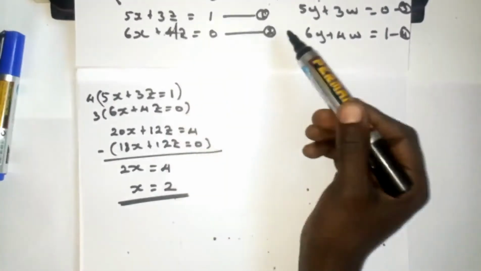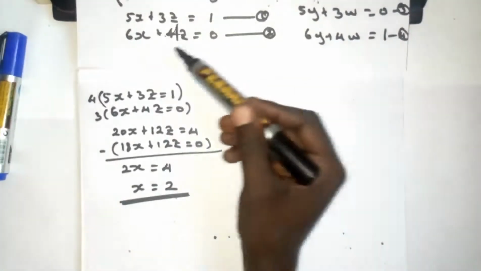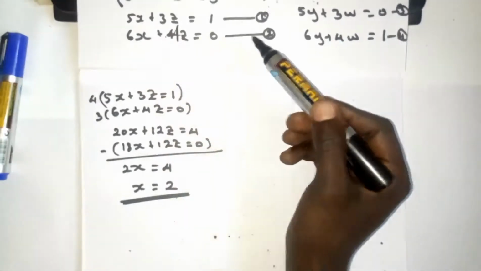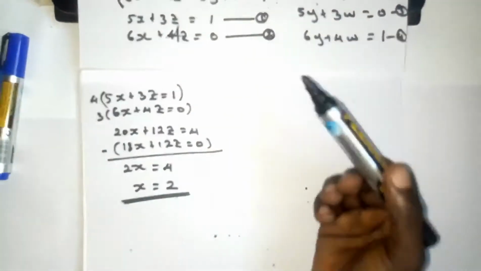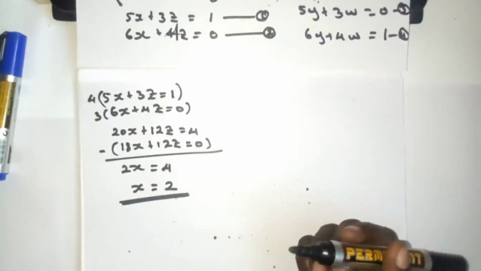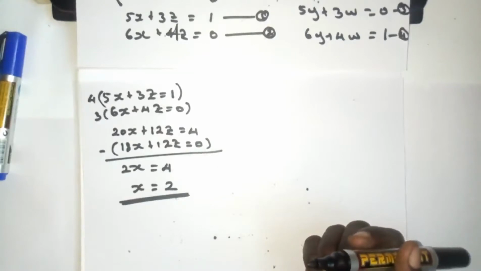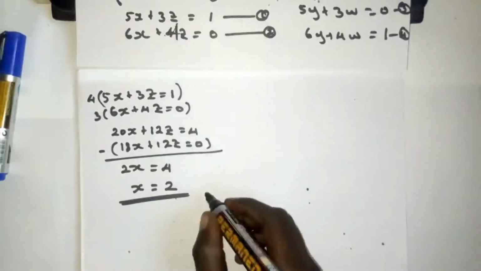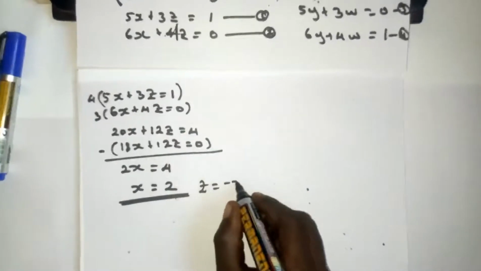I take the 4z the other side, so it is going to be 12 is equal to negative 4z. I divide by 4, 12 divided by 4, and because this one goes with a negative, z is going to be negative 3.